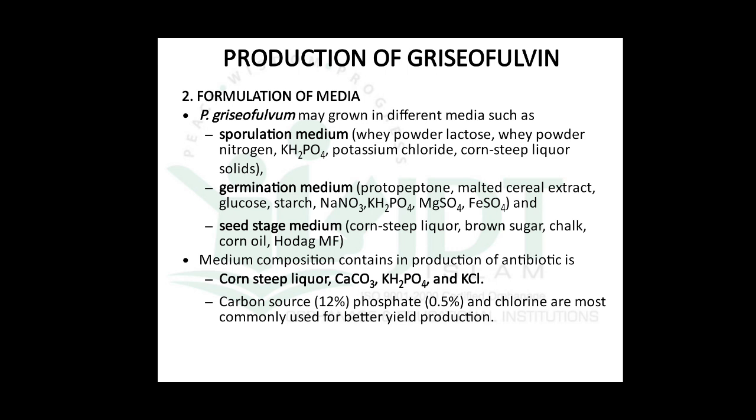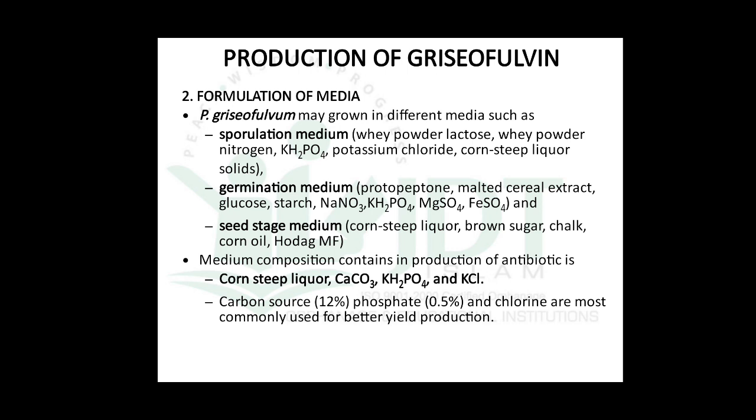Now we have to use different types of medium, like sporulation medium, germination medium, and seed stage medium, according to the stages of spore formation and product formation. For sporulation medium, we have to use whey powder, lactose, whey powder nitrogen, potassium hydrogen phosphate, potassium chloride, and corn steep liquor solids.